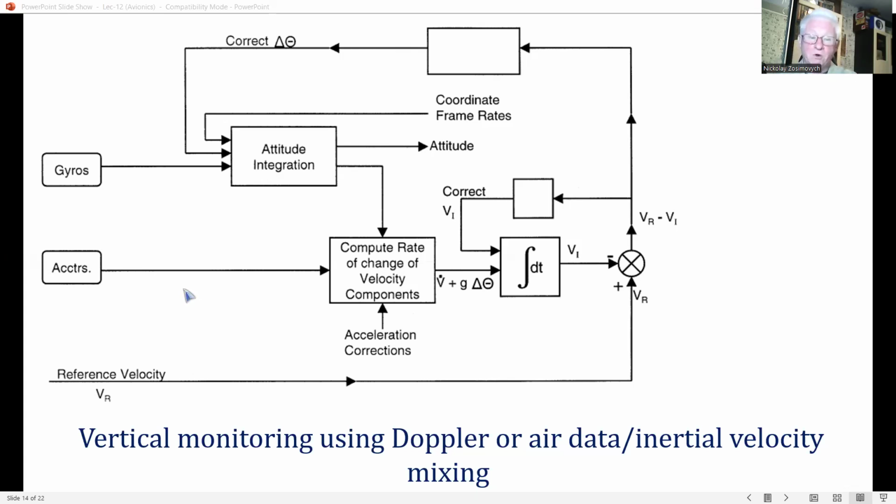In the case of a Doppler velocity sensor, the Doppler and inertially derived velocity are compared along local NED axis, as the Doppler is a key part of the navigation system. In the case of lower accuracy AHRS systems, the comparison of the air data and inertial velocity component is generally made along the aircraft body axis.